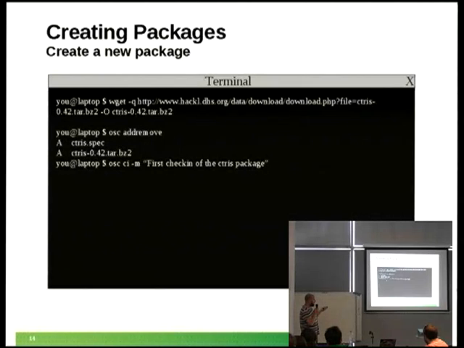And then you have to actually upload the stuff to the server. So you have to use osc ci, which is a shortcut for check-in, and then a message. So then you have actually told the build.opensuse.org server that you have done something. Let me know how it goes, the check-in.